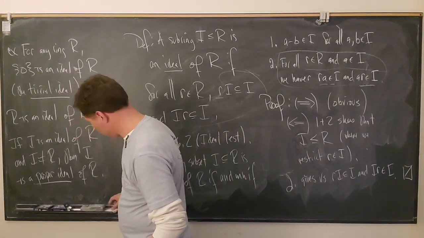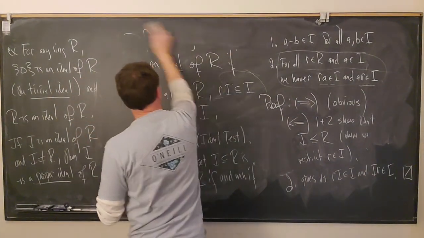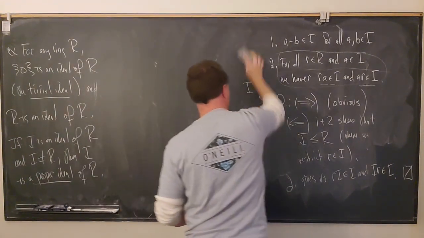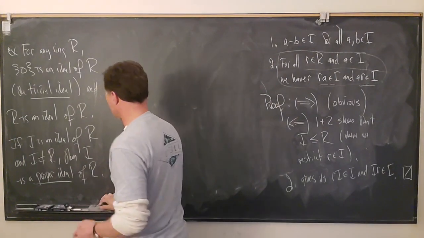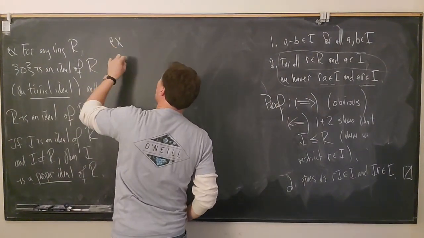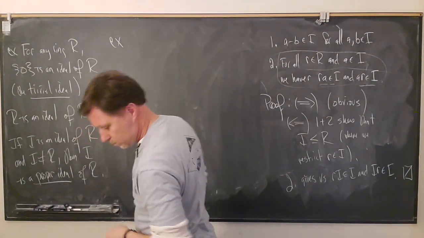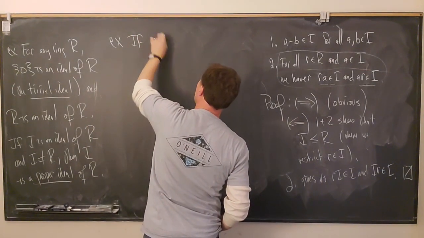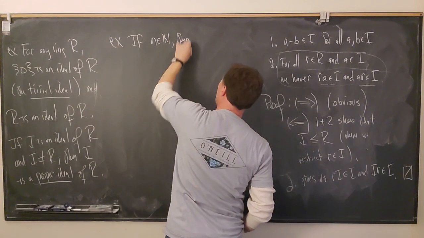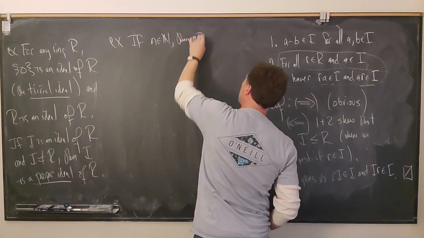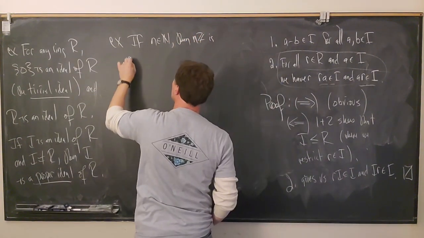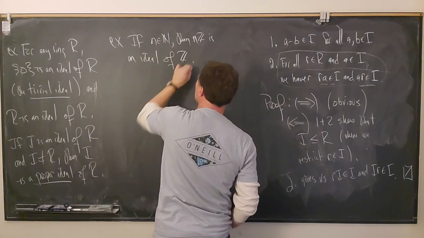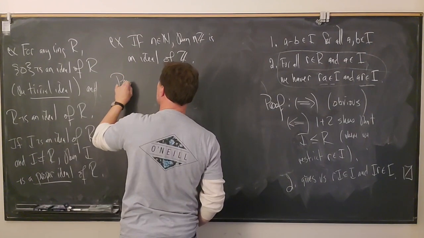I'm going to do a couple of examples. So if n is a natural number, then nZ is an ideal of Z. And let's actually prove this using the ideal test.